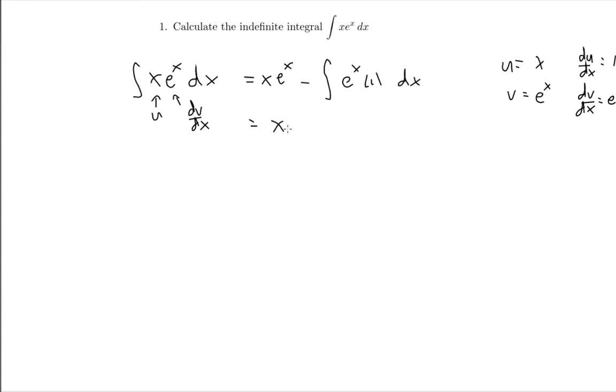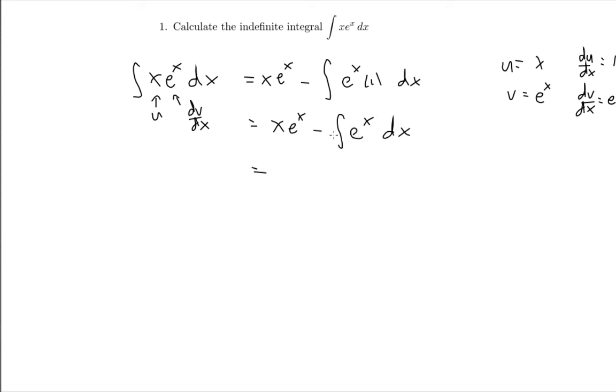So now we see the actual benefit of doing integration by parts in this situation: rather than do an integration like x e to the x, we've managed to convert it into a single integration of something that is much easier, because we've taken the derivative of x, which just became 1, and we've replaced it by an antiderivative of e to the x, which again is just e to the x. So rather than doing a complicated integration like this, we can now do a much simpler integration like this.